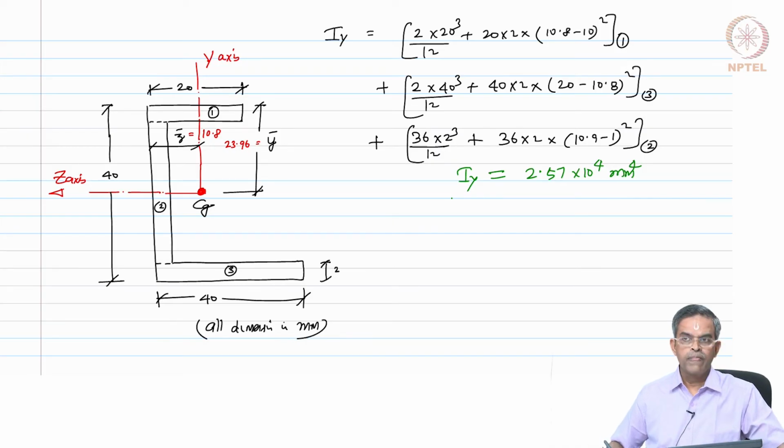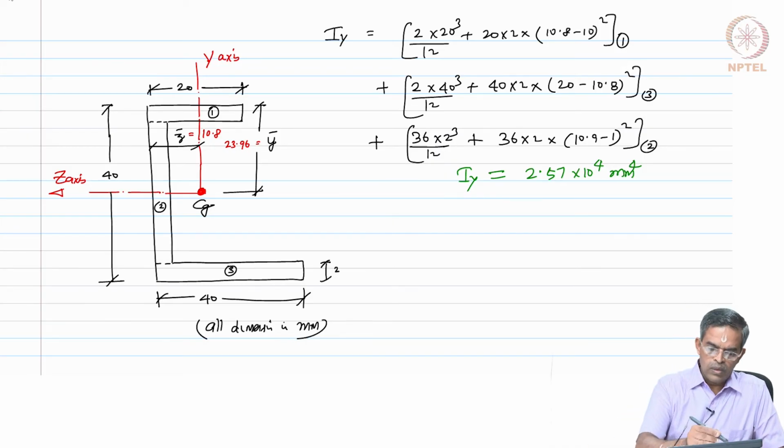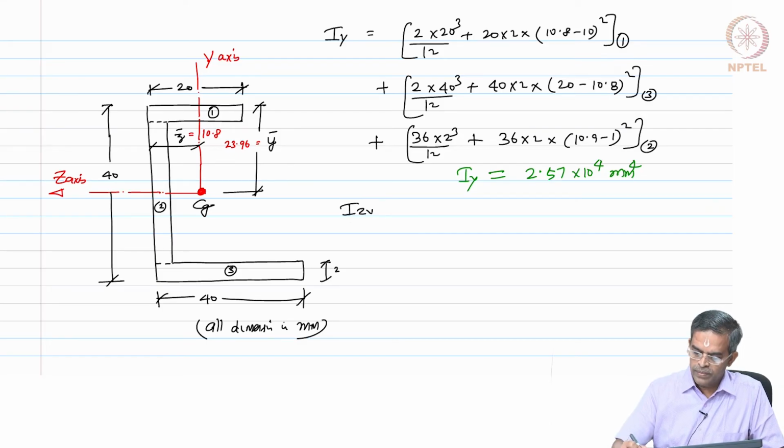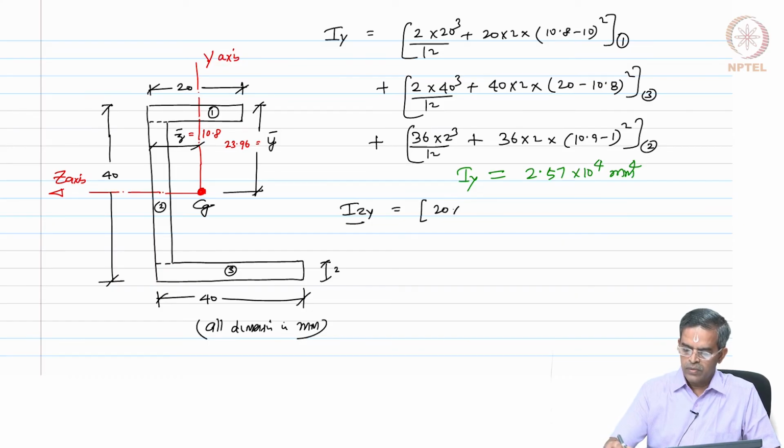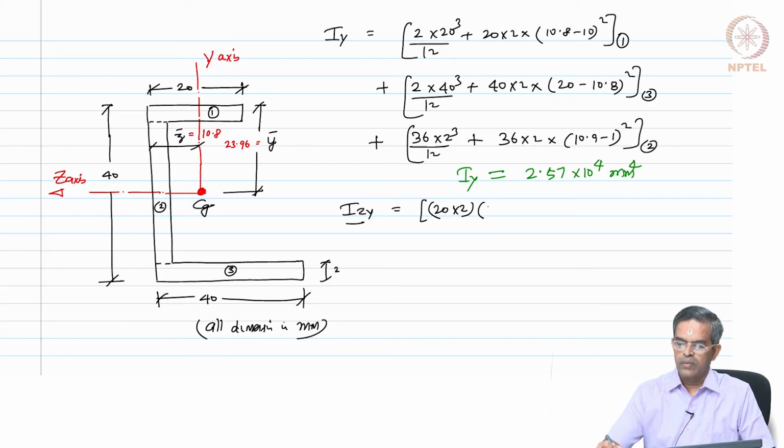Okay. Let us do Izy. Izy is 20 into 2 into 0.8 into 22.96. Very simple.